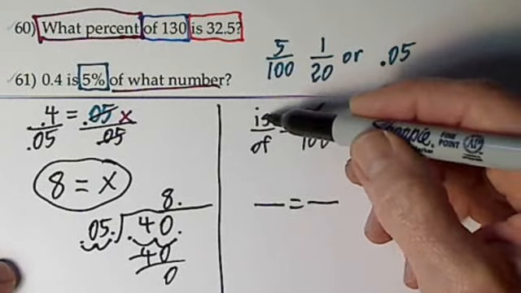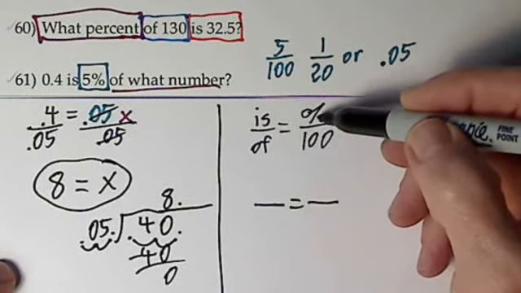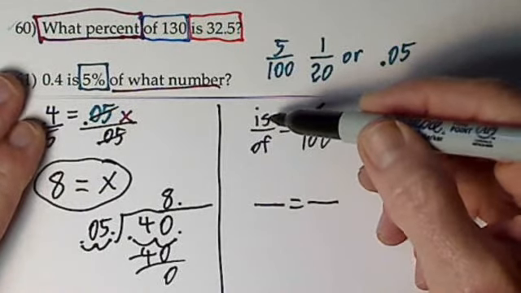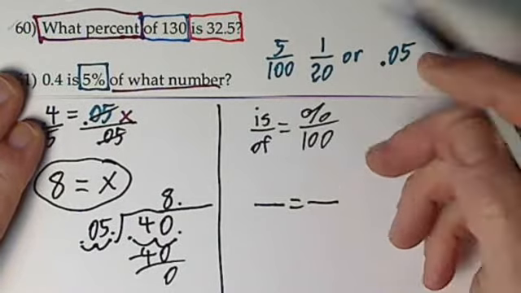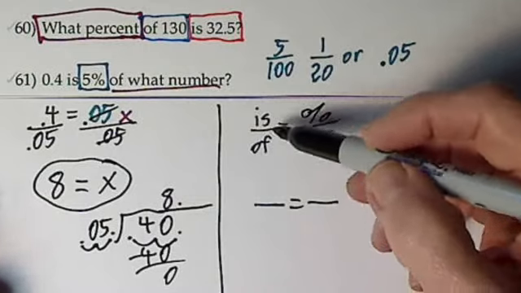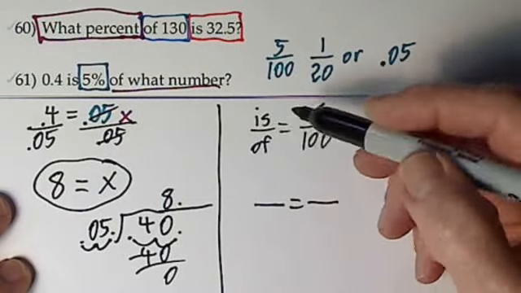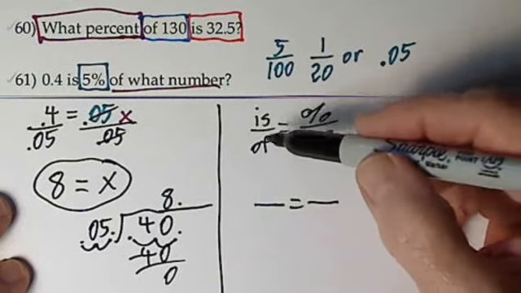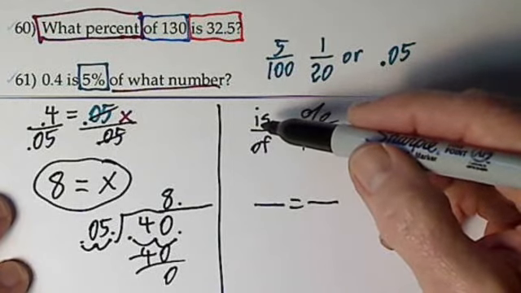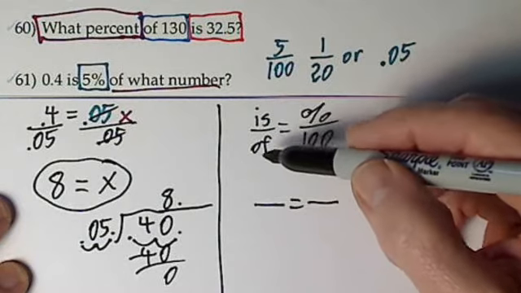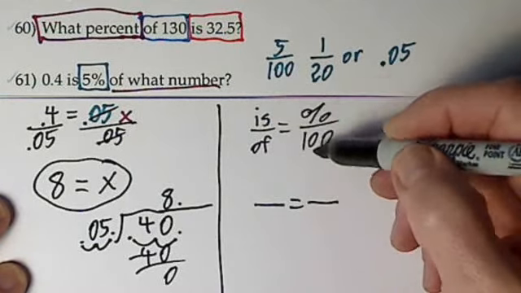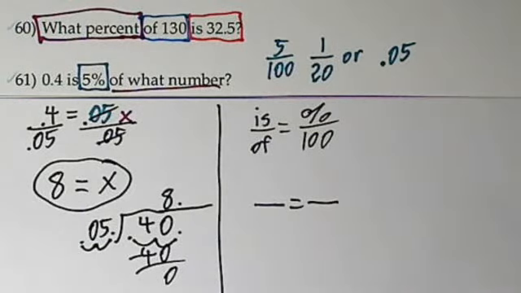Let's say it this way: amount over base, percent over 100. So again, the book says amount on top and base. Pretty sure those are the terms they use. I like this method, so whatever it is, base would certainly be a denominator, so it would be amount over base is percent over 100.